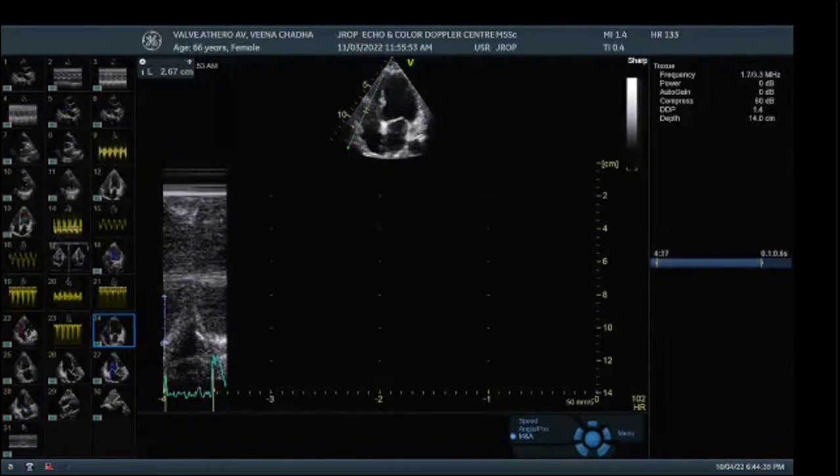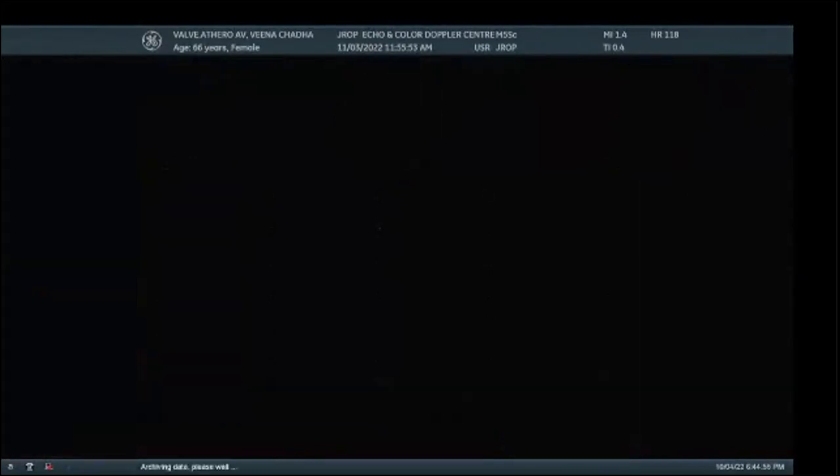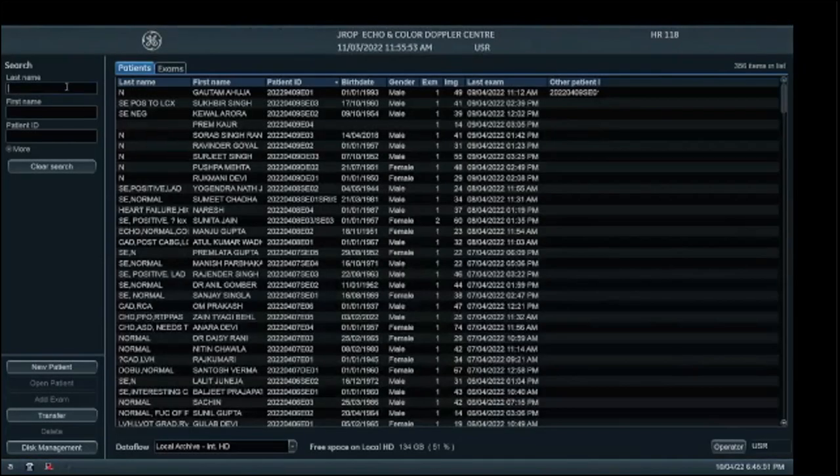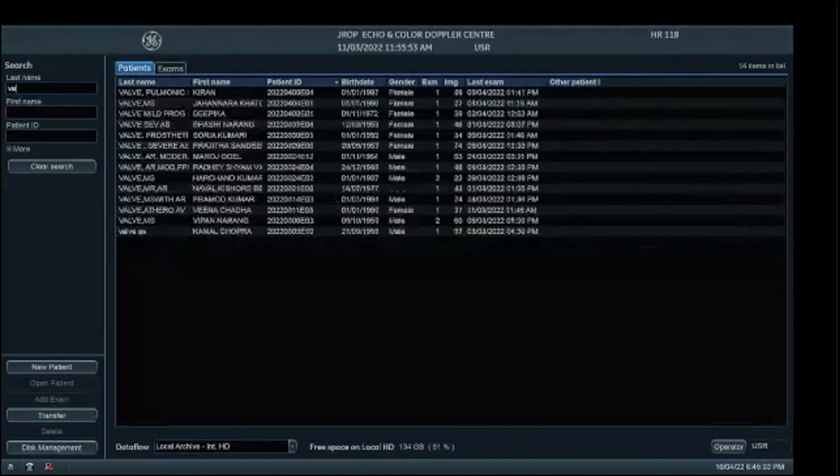Okay, sir. And for AR with MS, the color Doppler, can it be missing something, like the AR jet will also be coming and the MS jet will also be giving the same color mosaic pattern? Good question. I agree with you. I'll show you a slide. Give me a second.